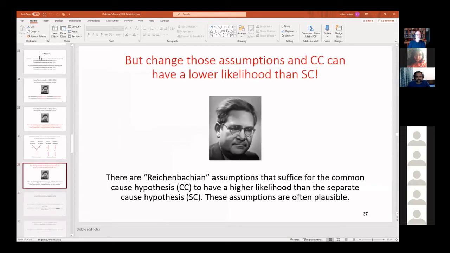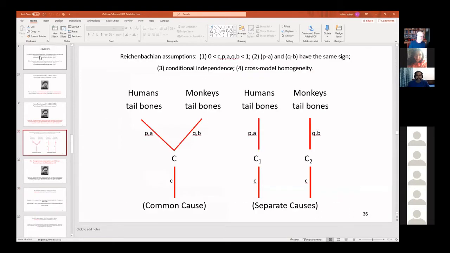Oh, here we are. Okay, so at the top you see the Reichenbachian assumptions. I hope I've understood the question, so this is actually relevant to it. There they are. And it turns out that if you violate one or the other of these assumptions, you can find situations where the separate cause explanation has the higher likelihood.